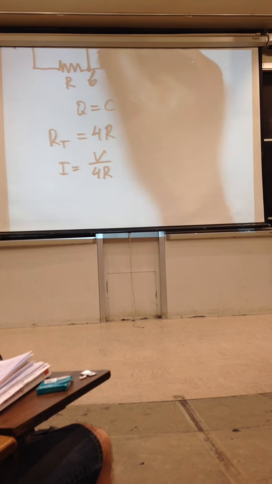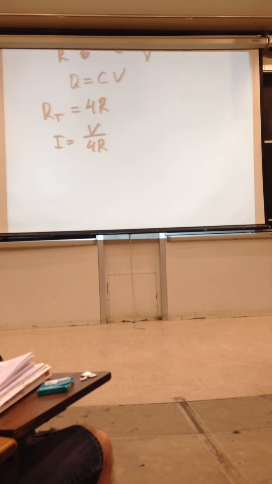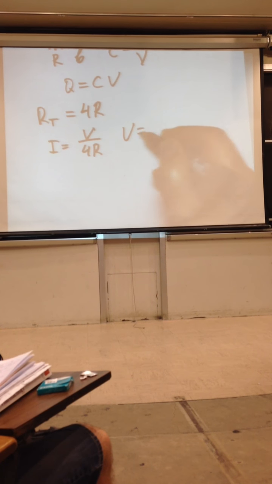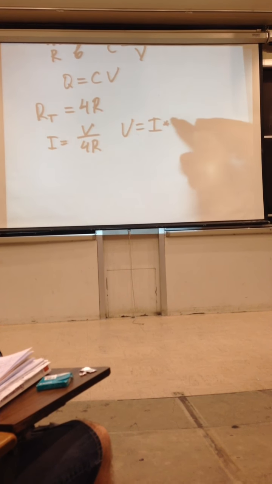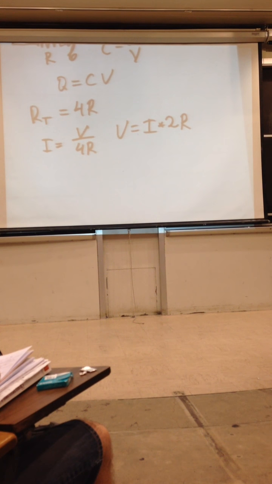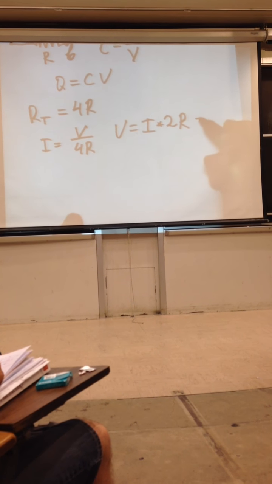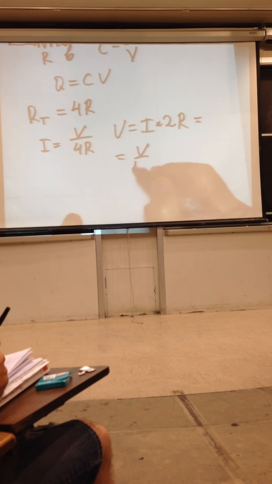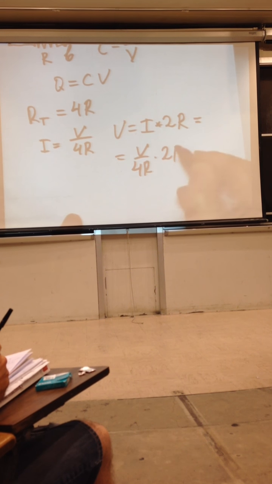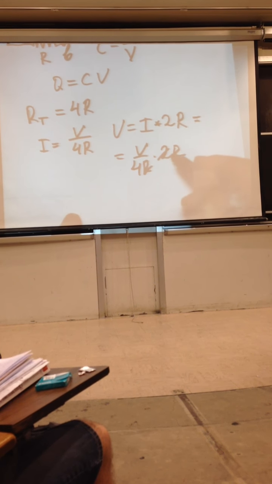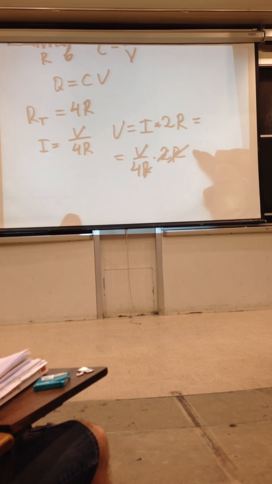So what is the voltage on 2R? On 2R, the voltage is total current times 2R. If you replace current with V over 4R, it becomes 2R times V over 4R. This R goes away. It becomes 1/2 V.